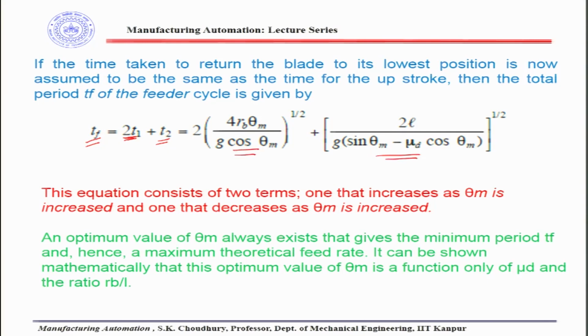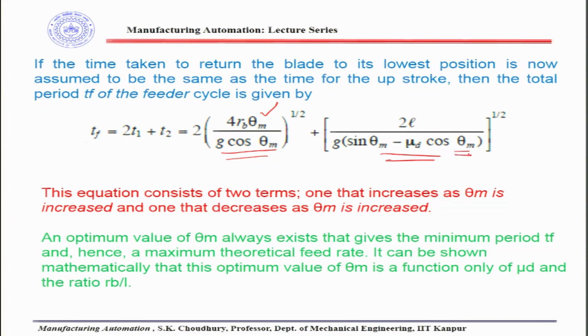Now, if we look at this equation, you will see that the first term and the second term are actually quite different, in the sense that one will increase with the increase of theta m, and the other will decrease with the increase in theta m. For example, this term is increasing with the increase in theta m, and this term is decreasing with the increase in theta m.